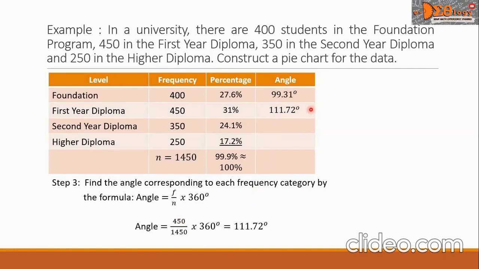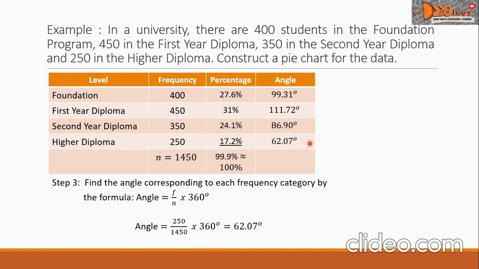We will get this when we have 450 divided by the N, 1,450 times 360 degrees. So the value is here. The next is 86.90 degrees. This value comes from the 350 divided by 1,450 times 360 degrees.